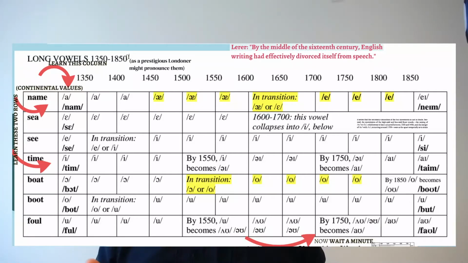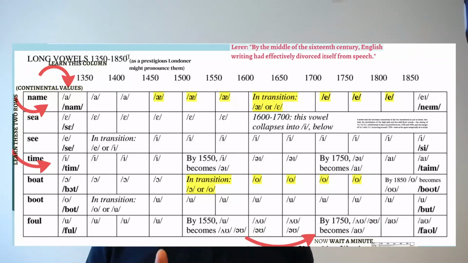But anyway, team. In 1550, team becomes time. We get an earlier diphthongization here, and that is how, say, David Crystal and Ben Crystal would pronounce it, time, right? Time becomes time, and remains so by 1750. And notice here too, there's no red arrow, but it's important because look at foul, fool.